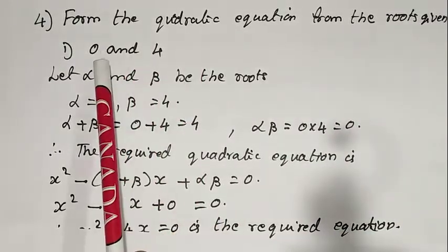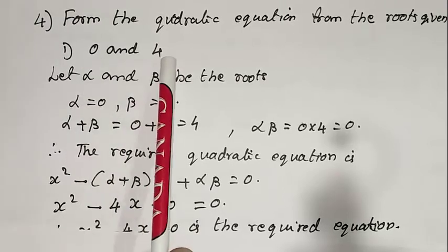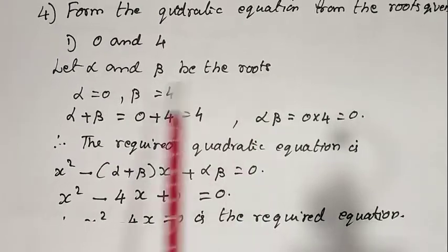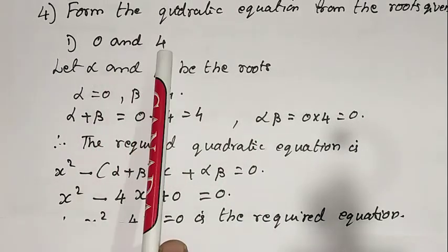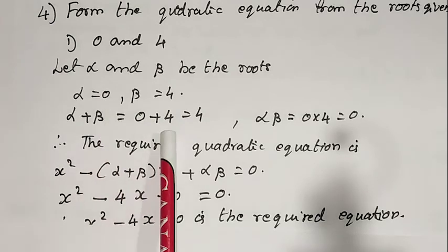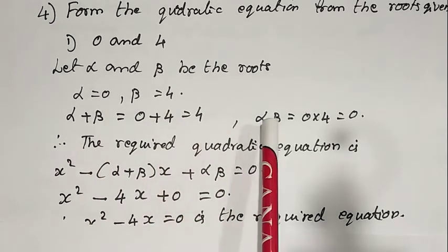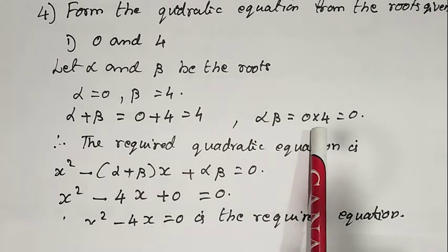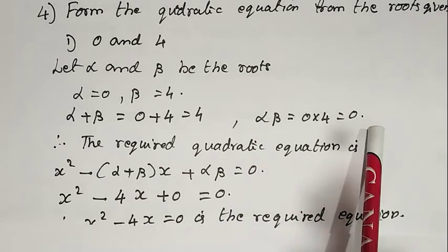Form a quadratic equation where the roots are given as 0 and 4. Therefore, let alpha and beta be the roots. Alpha is 0, beta is 4. Therefore, alpha plus beta is 0 plus 4, that is equal to 4. Alpha multiplied by beta is 0 multiplied by 4, that is equal to 0.